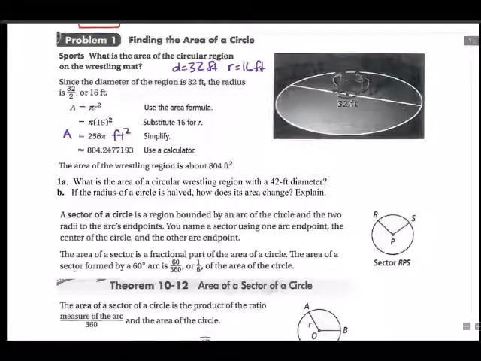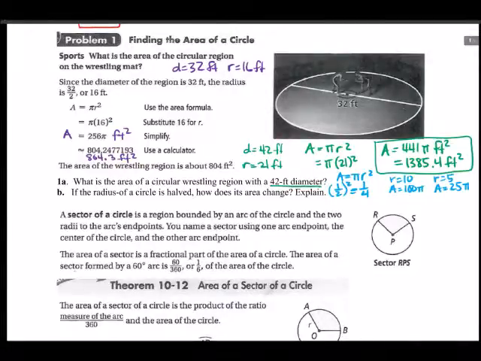That's in terms of pi. Or we can round to the nearest tenth. That's 804.2 feet squared. So we just put it in our calculator. That's easy enough. And wow, it is already your turn. Go ahead and pause the video and do that first problem.